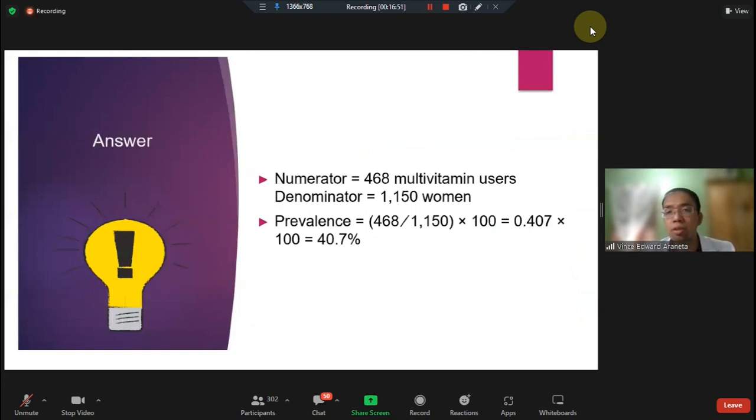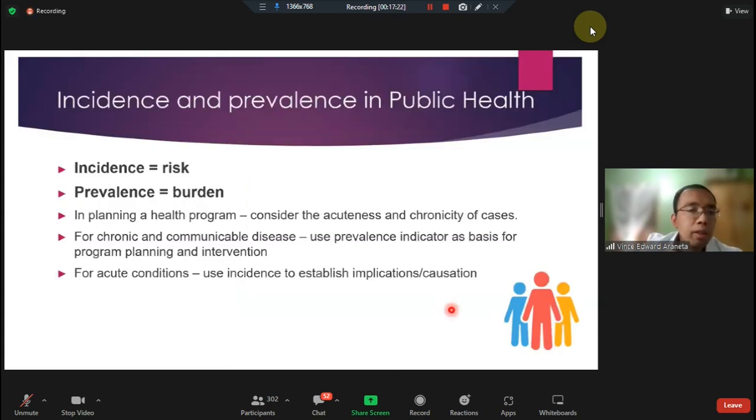So again, incidence is equated to risk, prevalence is equated to burden. When you are a public health physician or a community physician planning a health program, you consider the acuteness and even the chronicity of cases. For chronic and communicable diseases, use the prevalence indicator as basis for program planning and intervention.